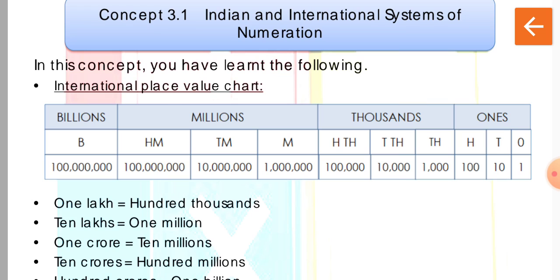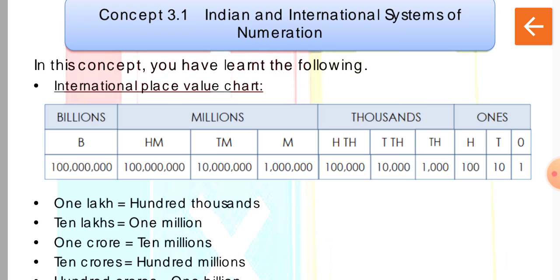Always remember you should start from the right side. From the right side, after the ones period, you can put a comma, and after the thousands period, then after the millions period, you can put a comma. Got it? Okay. And study well how to read and how to write the numbers in both the Indian system and the international system.